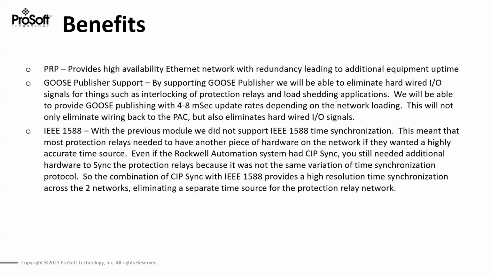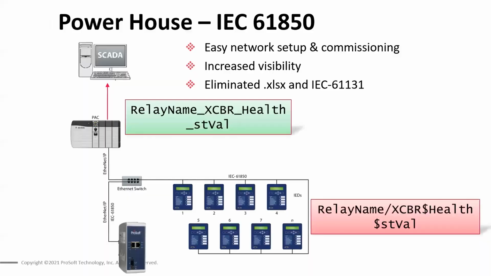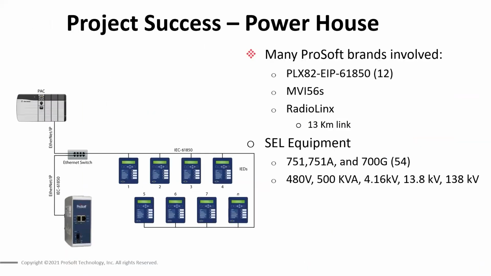There was another question that came up on the gateway module. It looks like you have an EIP and 61850 port on the module. I'll just go back to this slide right here, and that is absolutely correct. There are two ports on this PLX82 module. It does not support the PRP network. One port can be set up for dedicated 61850 communication.